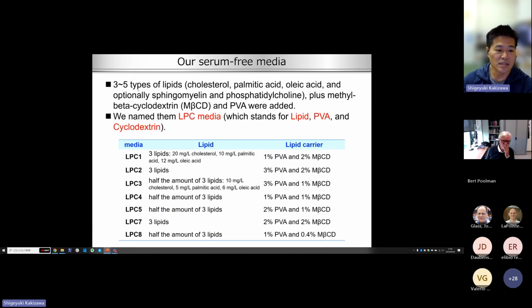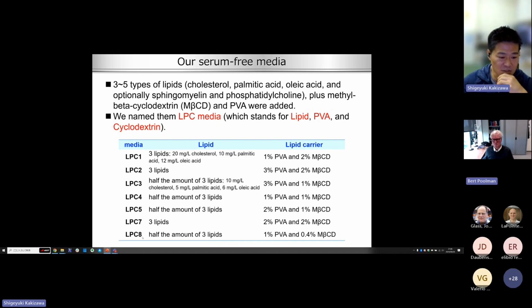So we added 3 to 5 types of lipids, plus 2 lipid carriers, cyclodextrin and PVA. We named these media LPC media, which stands for lipid, PVA, and cyclodextrin.